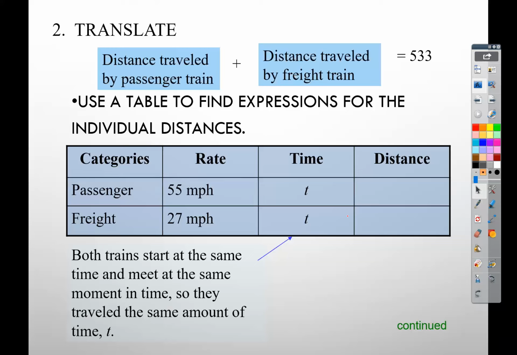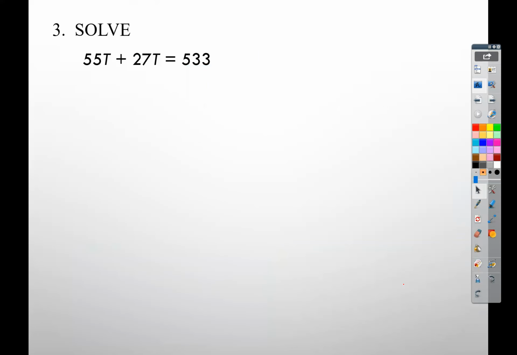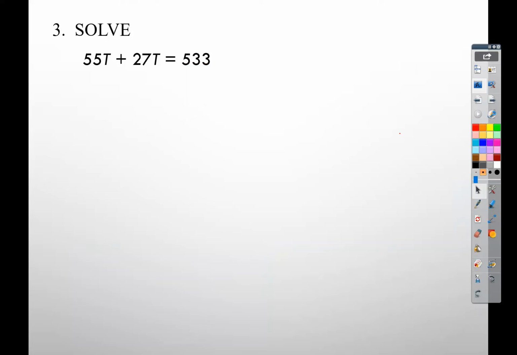Multiplying the rate value by the time gives the distance. So 55 times t and 27 times t. The 55t plus the 27t gives us that total distance of 533 miles.